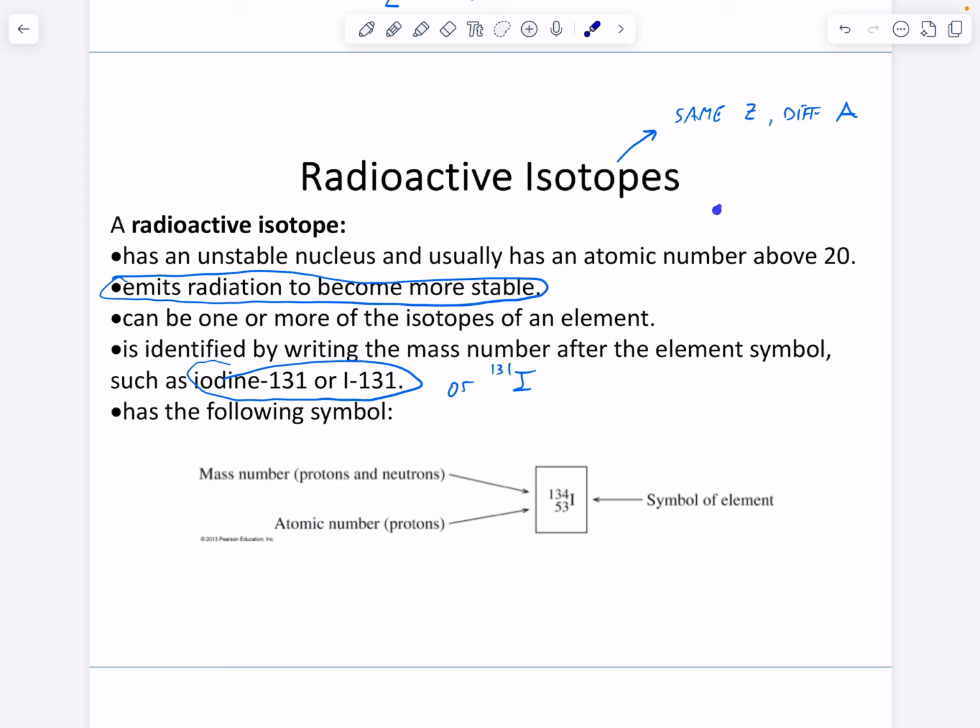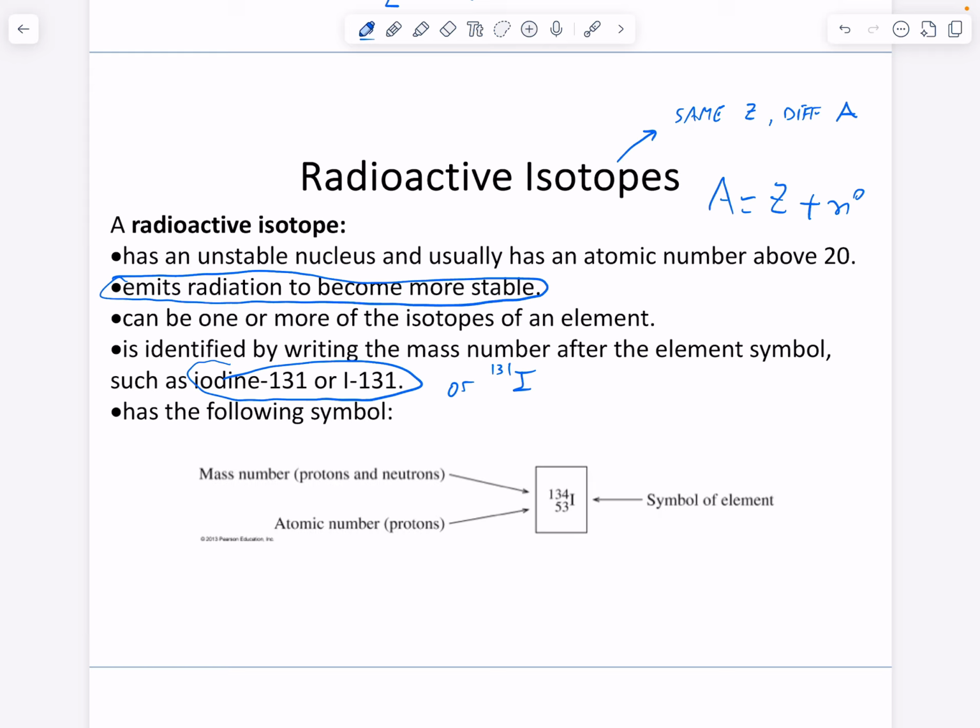Most of the time that number must be given because you don't know. And as I told you last class, when you round the atomic mass, you can get the most abundant isotope.